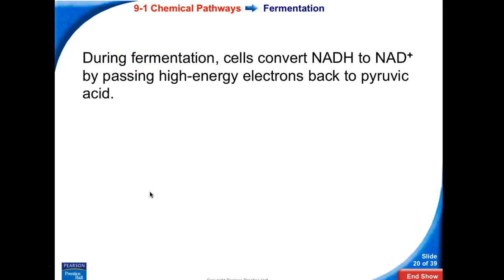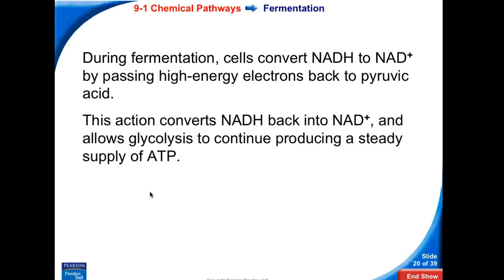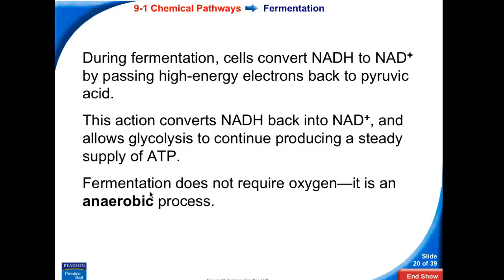During fermentation, cells convert NADH to NAD+ by passing high-energy electrons back to pyruvic acid. This action is going to convert NADH back into NAD+ and allows glycolysis to continue producing a steady supply of ATP. Fermentation does not require oxygen. It is an anaerobic process.